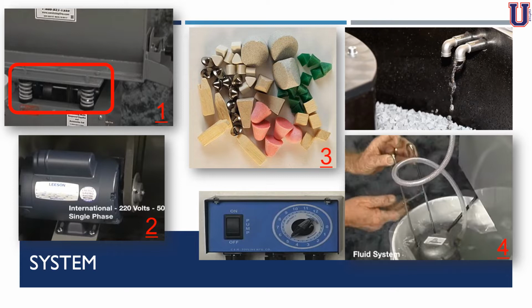The third one is the abrasive media, and it depends on the material that you will rework. And the last one is the fluid system, which includes a pump with an intensity regulator for better performance and finishing. This could add a fluid for cleaning the system.